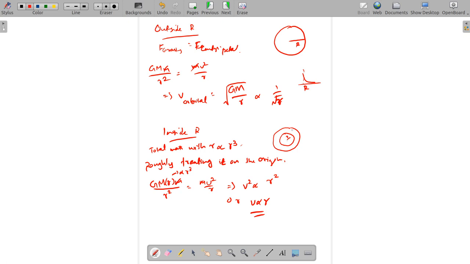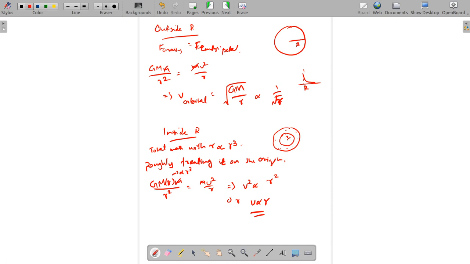Whatever mass is outside this radius is attracting from all sides, so roughly we can neglect those effects. The effect will be due to the mass inside this sphere of small r.